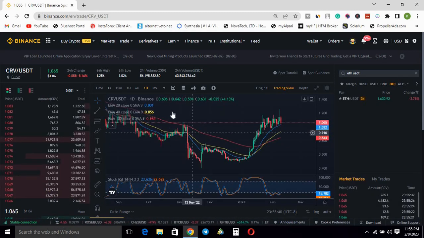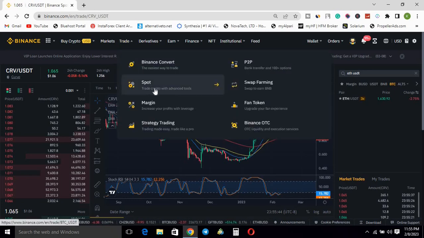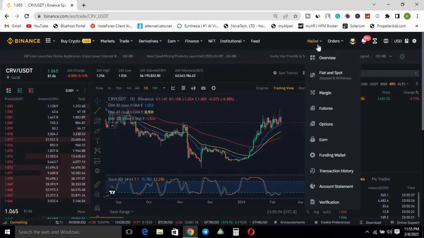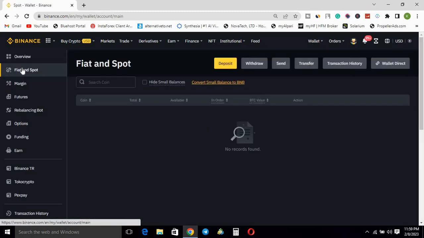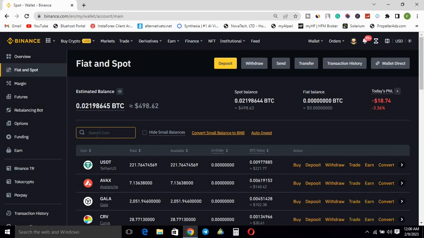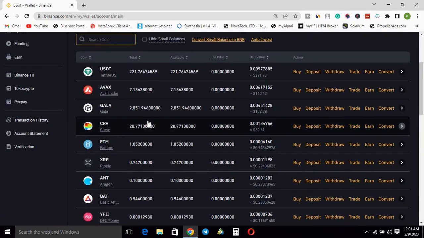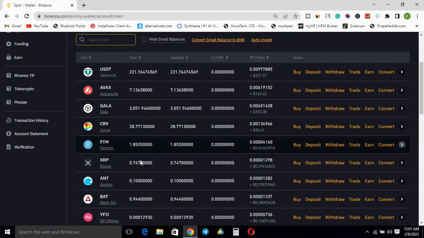Let me also show you how you can get to this window without using the trade and the spot. If you hover over your wallet and go to overview, you can use the search field right here to search the coin that you want to trade, or you can go through the list and find it.